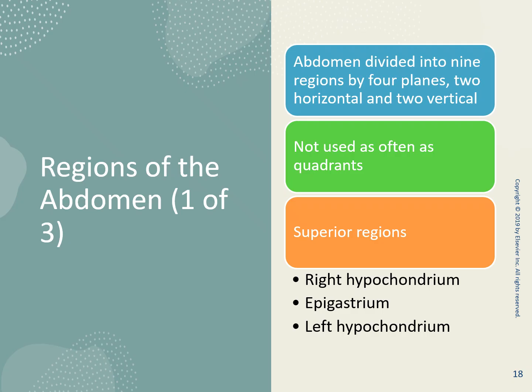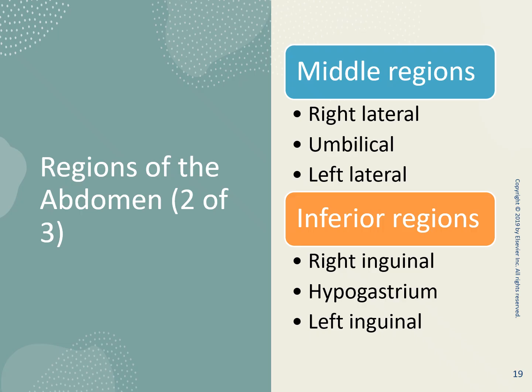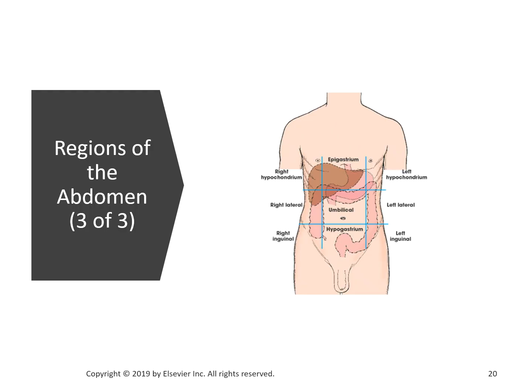Okay? In the middle, there's a right lateral, a left lateral, and an umbilical region. In the inferior regions, there's a right inguinal, left inguinal, and a hypogastrium. And I think, yes, there's a diagram for those.